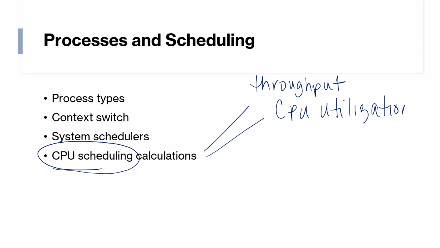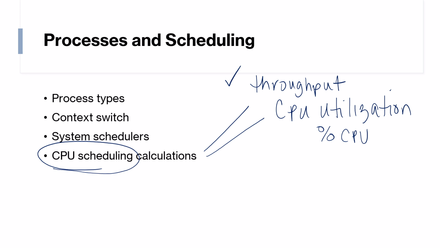These two things you want to maximize. You want to maximize your throughput because you want to get a lot of jobs done in a certain amount of time, and CPU utilization means the percent of time that the CPU is active. So what does that mean?